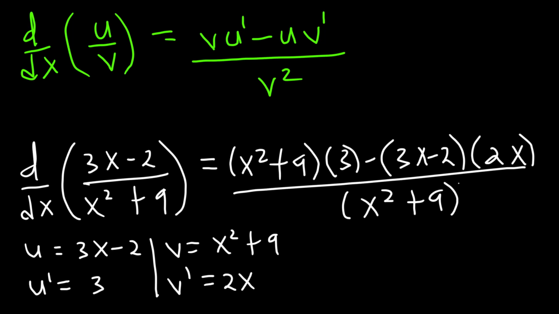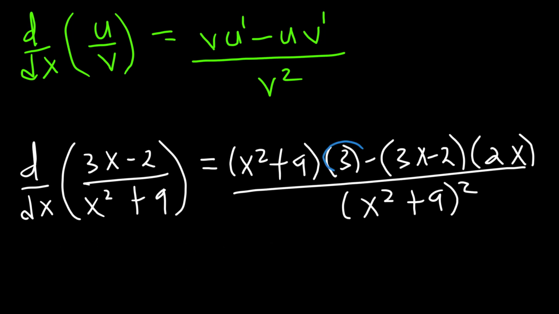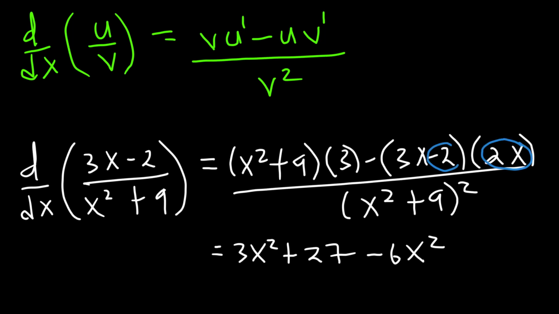Now if we distribute the 3, we shall have 3x to the power of 2, and then plus 9 times 3, which is 27. And then if we distribute the 2x, we shall have negative 3x times 2x, which is negative 6x to the power of 2. And then we shall have 2x times negative 2x, and then times negative 1, which will give us positive 4x.